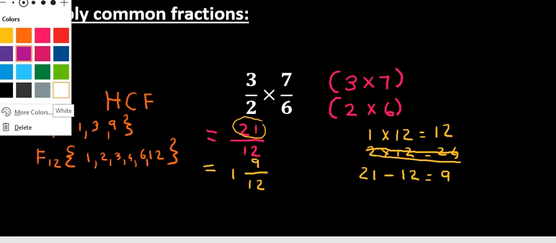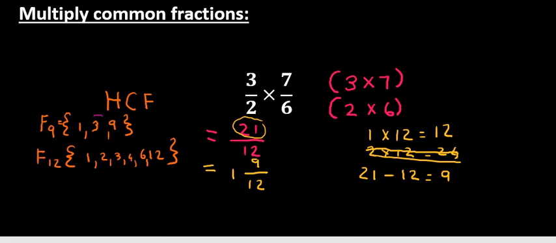Now you see at the 9, my common factor is going to be 3. And at the 12 it is going to be 3 because this is the only place that my factors are the same value. So now I'm going to use my highest common factor to simplify. I'm going to divide the 9 by 3 and I'm going to divide the 12 by 3.